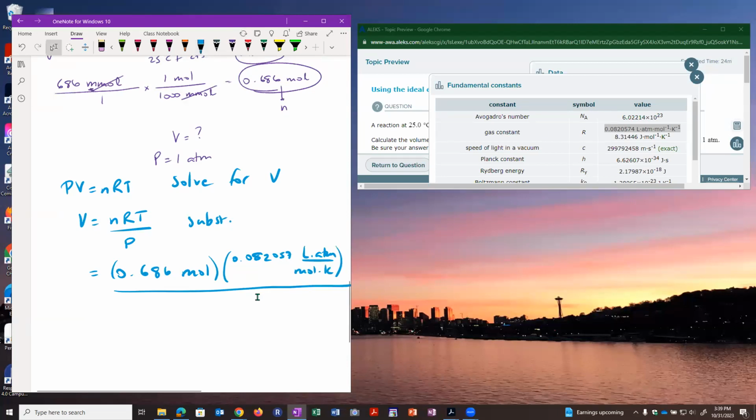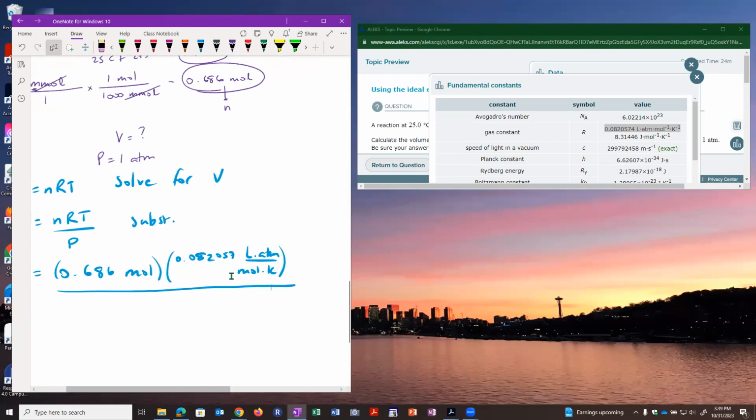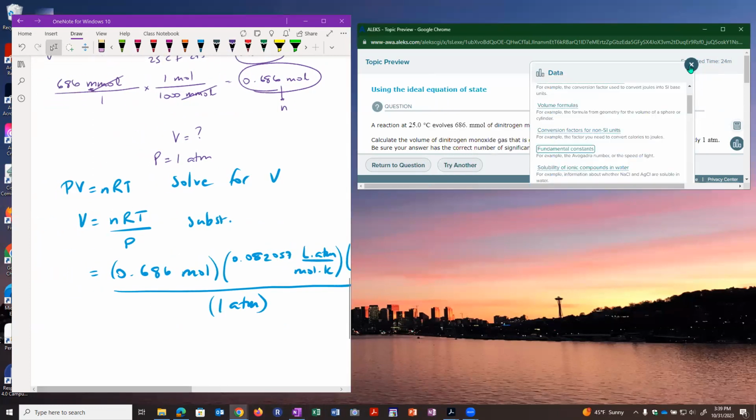And our temperature was given in Celsius, we converted it to Kelvin, 298 Kelvin. And then our pressure was just exactly 1 atmosphere. So I'll just substitute that into the equation, and then we just solve it.